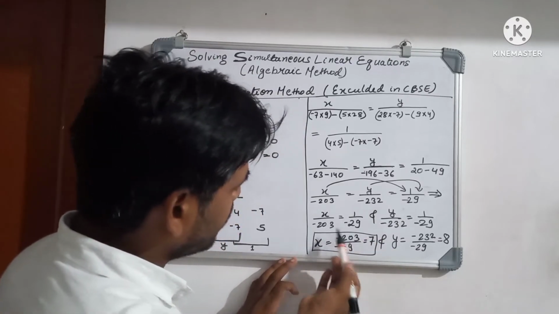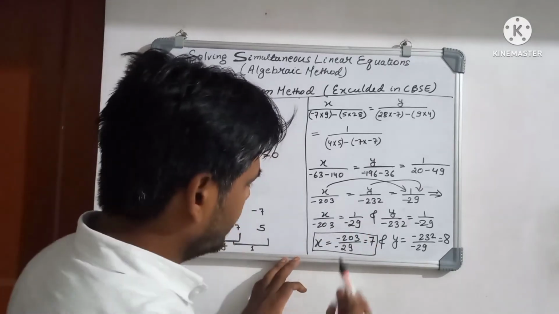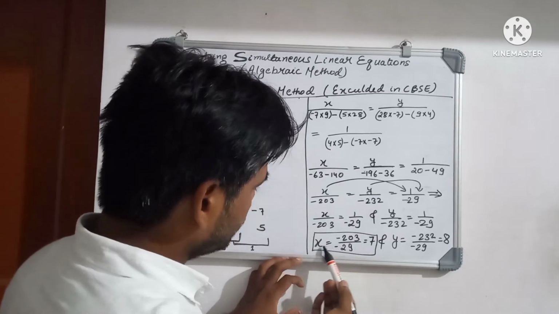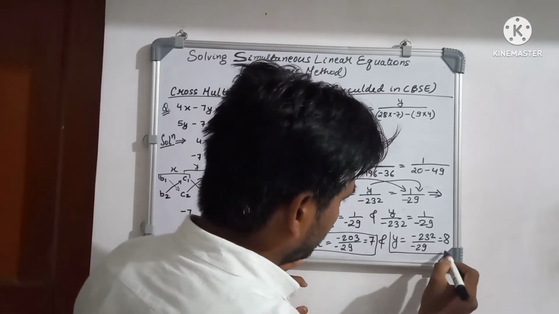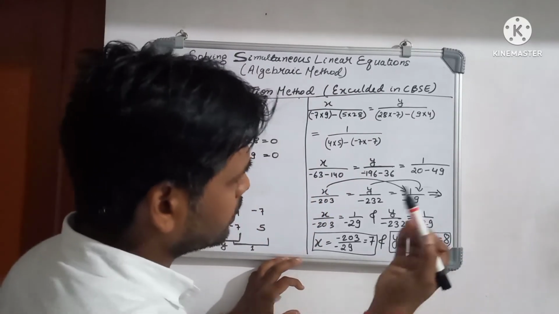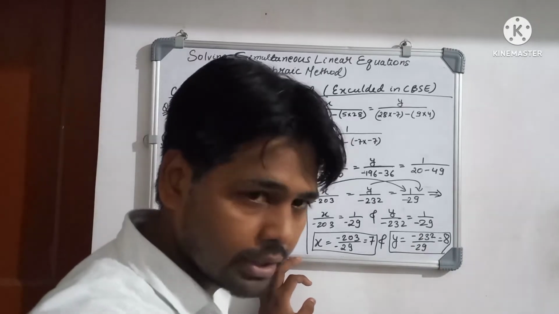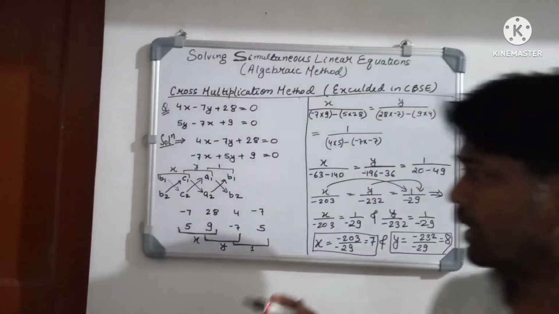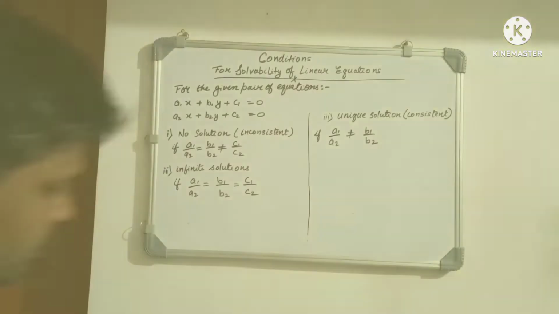Dividing minus 203, just cross multiplying, this 203 is brought to the top with the negative sign and 29 will remain at the bottom, and on solution we will get 7. Similarly, we can obtain the value of y, and this will be equal to 8 by dividing minus 232 upon minus 29. So friends, this is about the cross multiplication method for the solution of simultaneous equations.